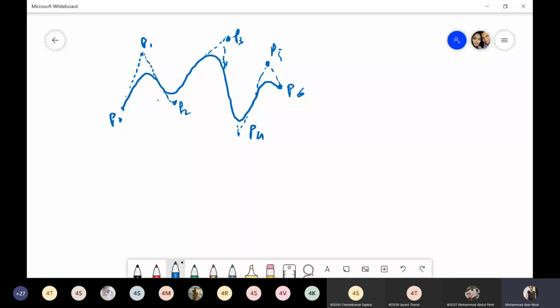Suppose this is the curve, and the modified curve is in this way. Then we can merge both the curves, and we can create a superimposed curve in the case of B-spline curves.